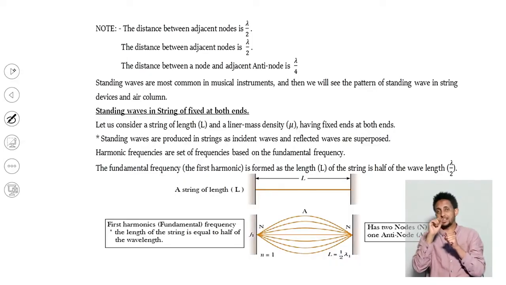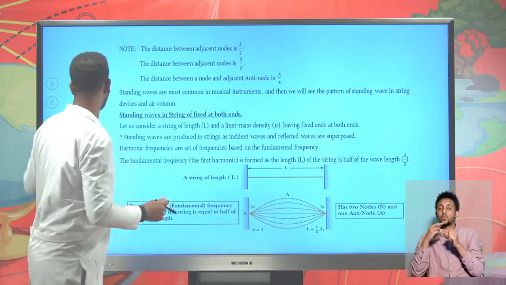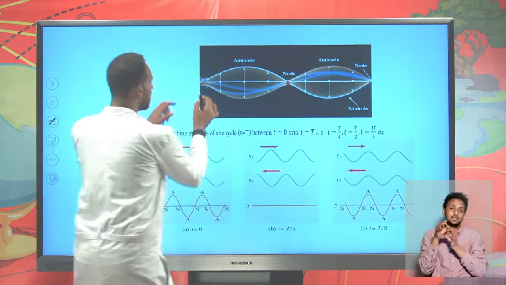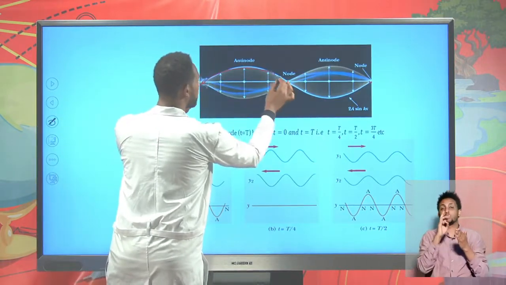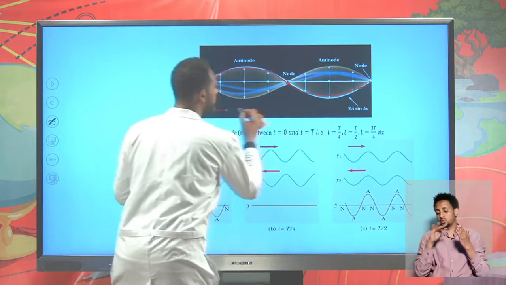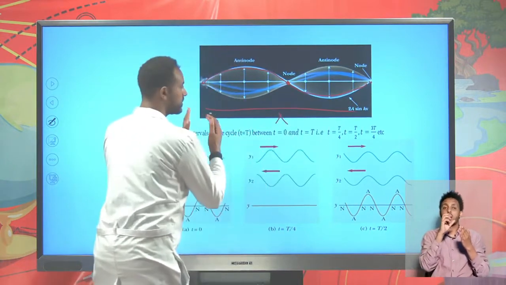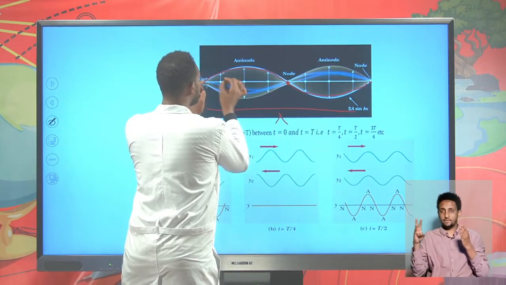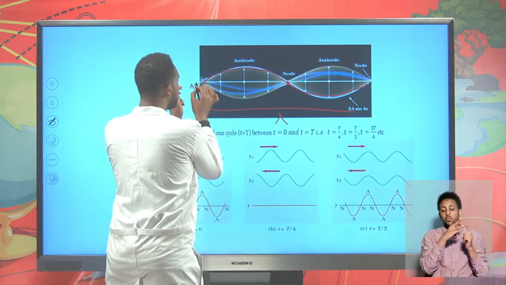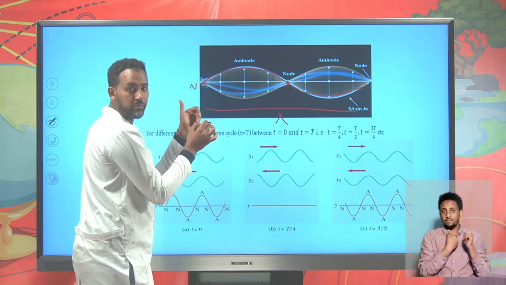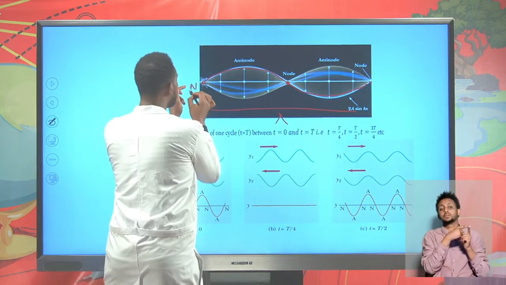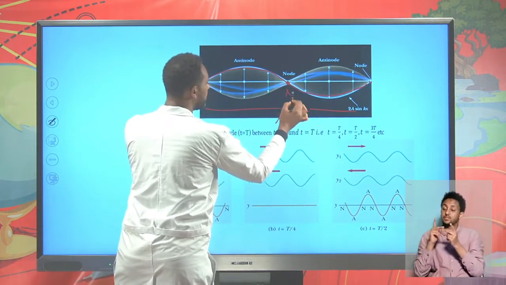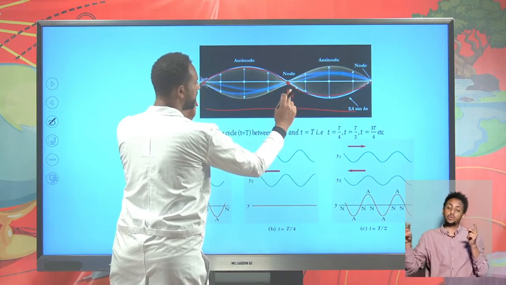And the distance between two successive nodes and antinodes can be mathematically expressed like this. For example, here you have a wave. This is one complete wave, which is known as lambda, since it is one single wave. Therefore, the point here is a node, because there is no oscillation. The distance between two successive nodes, a node here and a node here, is lambda over 2.